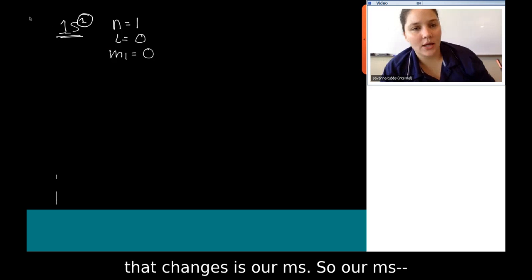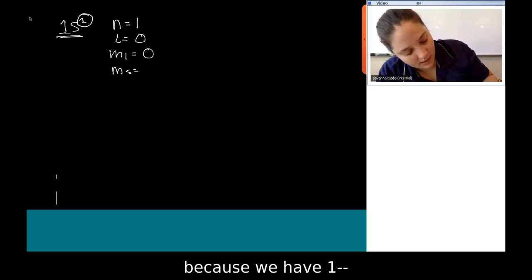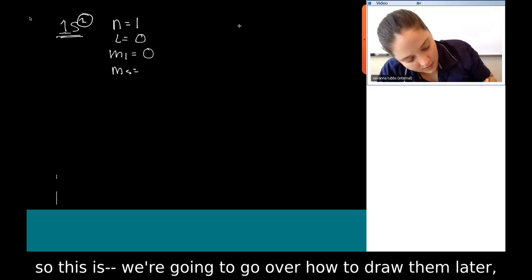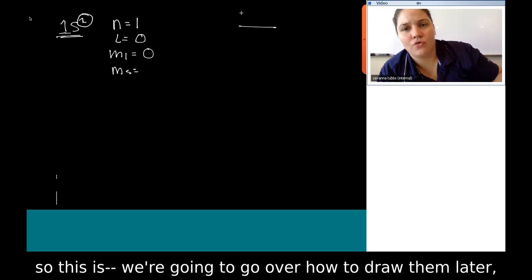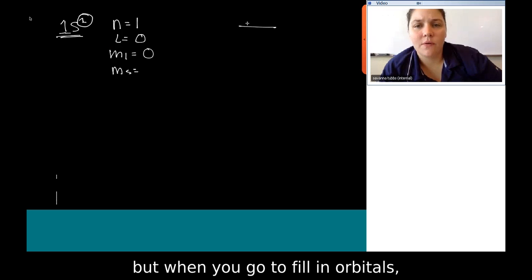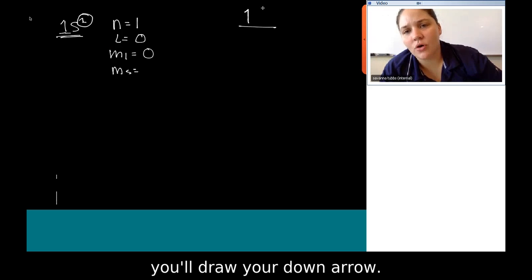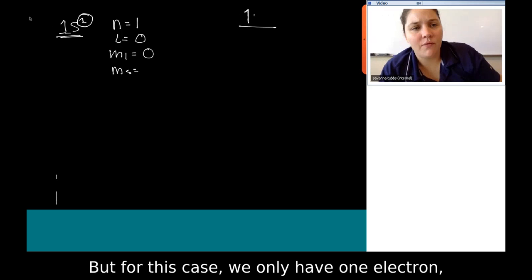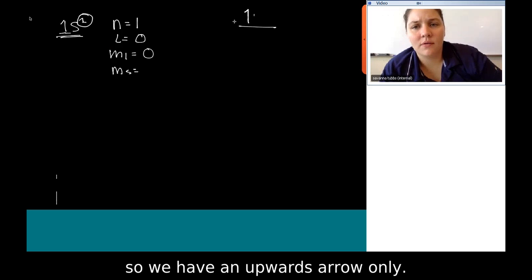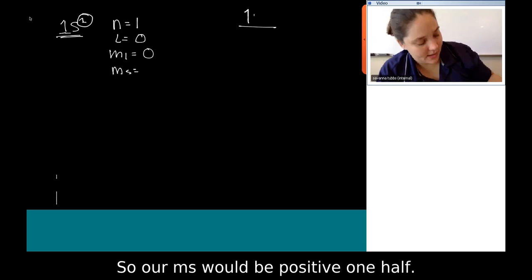And the only thing that changes is our MS. We're going to go over how to draw them later, but when you go to fill in orbitals, you'll draw your up arrow first, and then if you have extra, you'll draw your down arrow. But in this case, we only have 1 electron, so we have an upwards arrow only. So our MS would be positive 1/2.